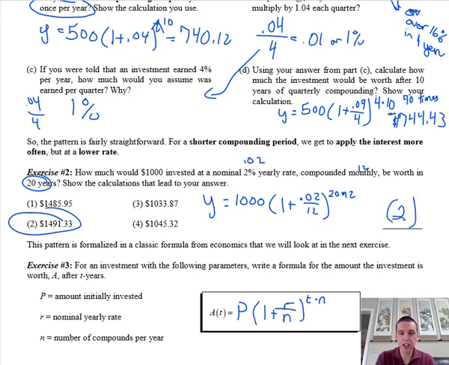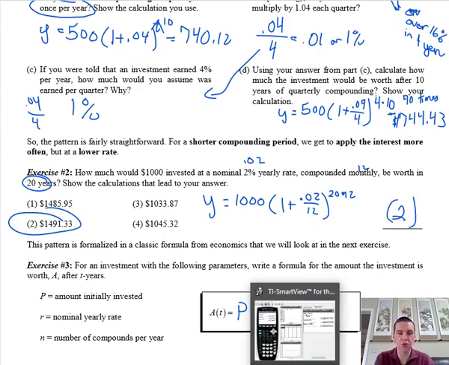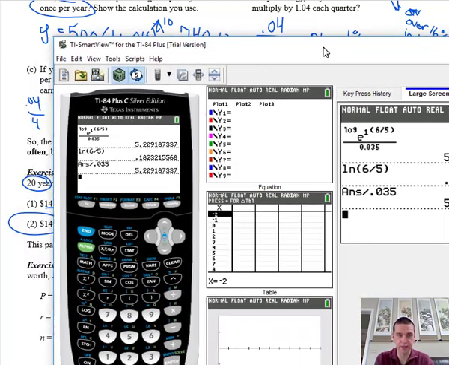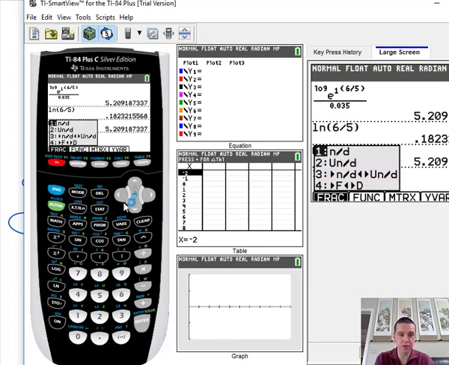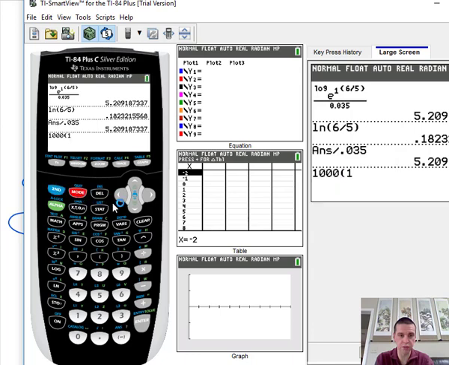And if we do that, you will get $1,491.33, choice 2. And let's look at that in the calculator just so we make sure that we get it correct. Parentheses, 1 plus. Use the fraction button. You do not want to let that be the mistake. 0.02 divided by 12.